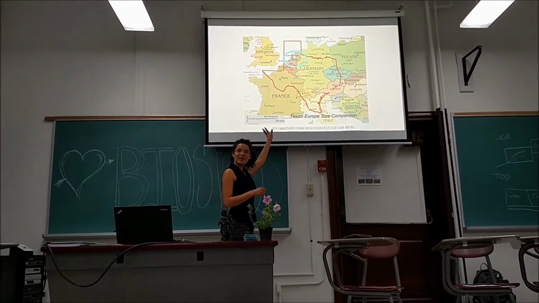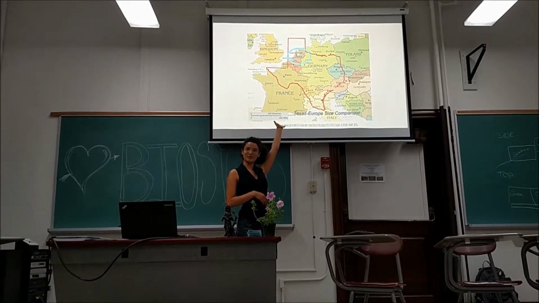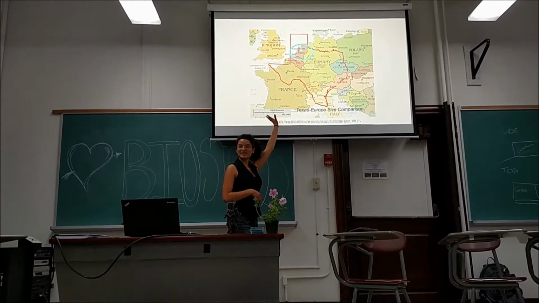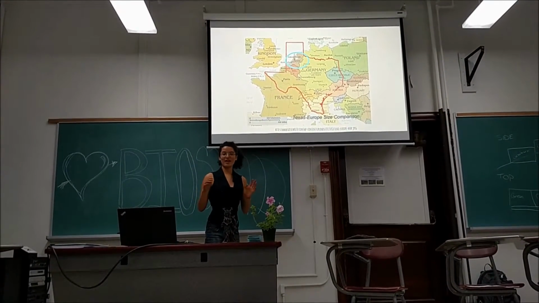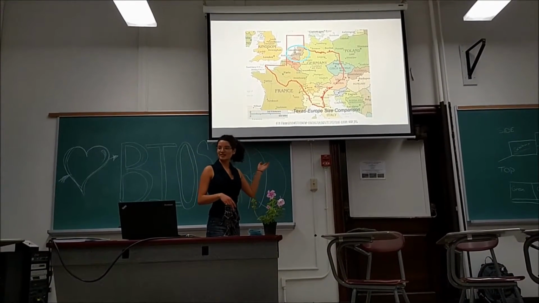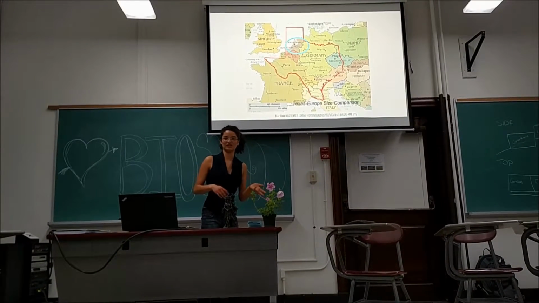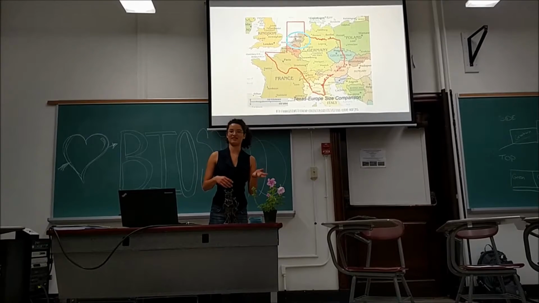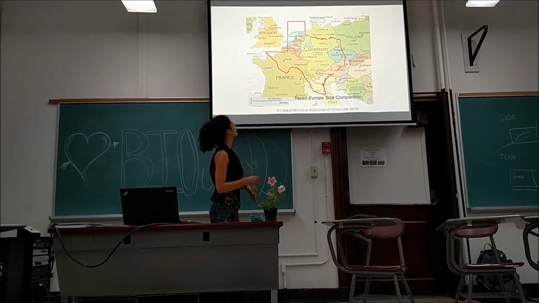This is a comparison of the size of Texas versus all of Europe. So as you can see, we're massive, and we have a lot of people. Texas has a population size that's currently about 26,900,000, way over that, somewhere around that range.